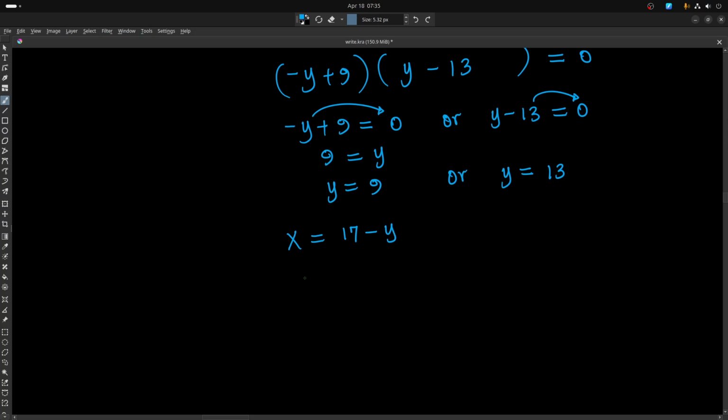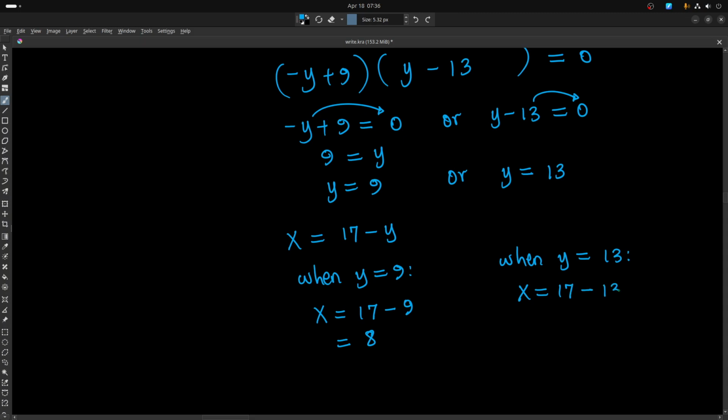So this means that when y is equals to 9, then x will be equal to 17 minus y, which is 9, and this is equals to 17 minus 9, that is 8, right? And then on this right side, we have when y is equals to 13, this means that x is equals to 17 minus y, which is 13, and this is 4.